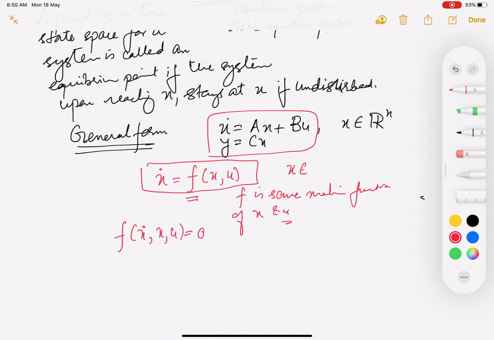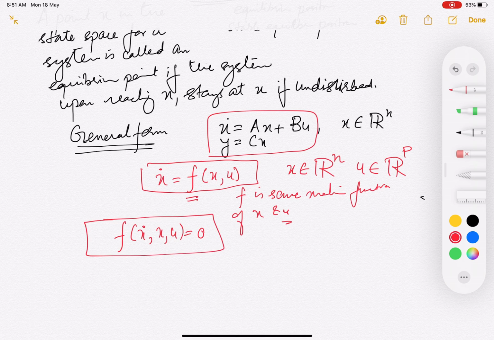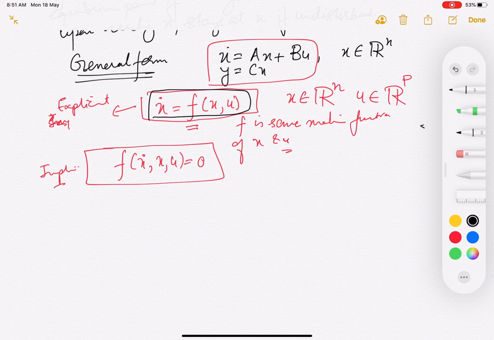In both these notations, x belongs to the n-dimensional space and u is the number of inputs, so it belongs to, say, a p-dimensional space. So these are both general notations for dynamical systems, but this notation is called the explicit notation, and this is the implicit notation, right? So we'll be concentrating on this notation because for our purpose this notation is sufficient. So a nonlinear system in general would be something like x dot is equal to f of x comma u, right?